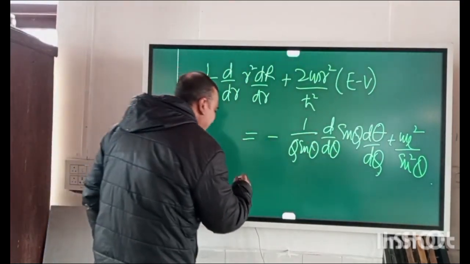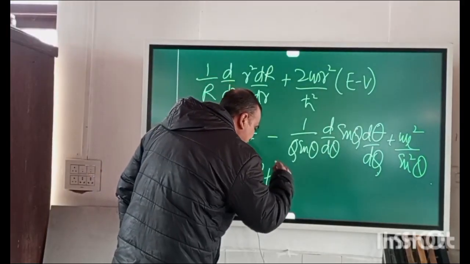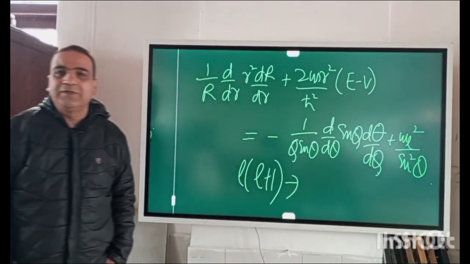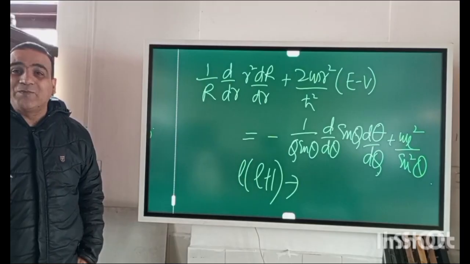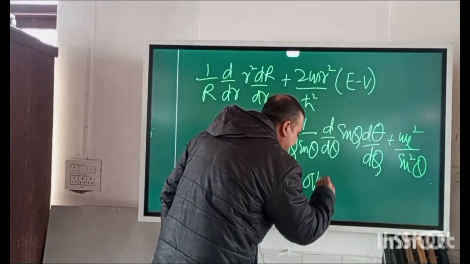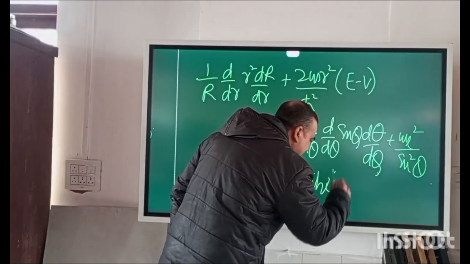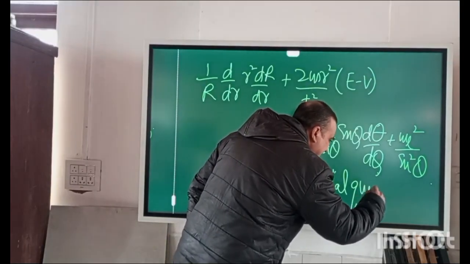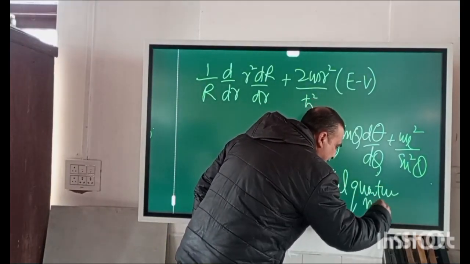What is that constant? That constant is L times (L plus 1). L is what? It is the orbital quantum number, as it is called later on.